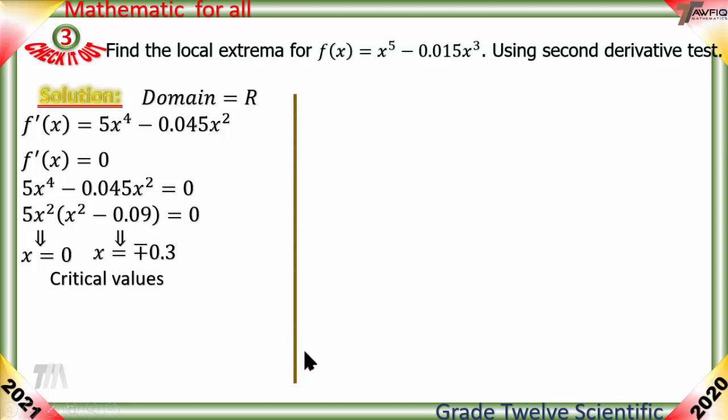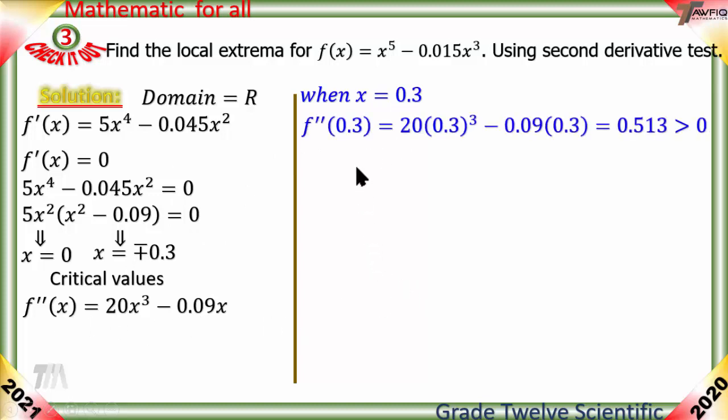And now find the second derivative. f''(x) is equal to 20x^3 - 0.09x. And now take the first critical point, which is 0.3, and replace it in the second derivative to find its value.